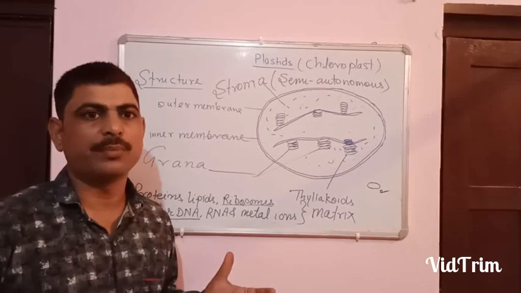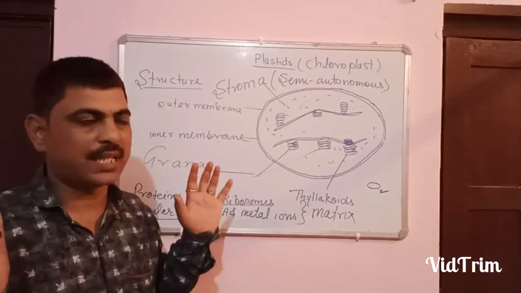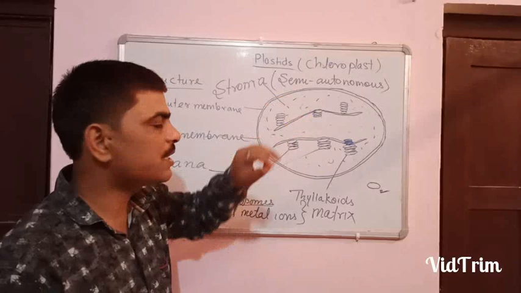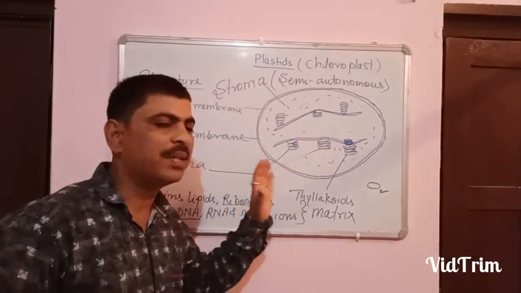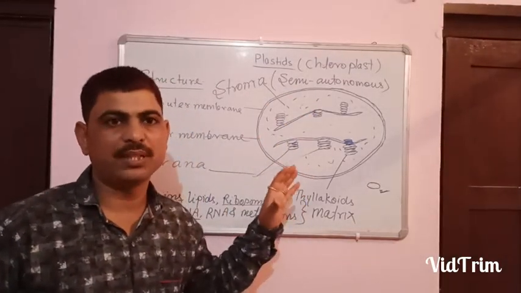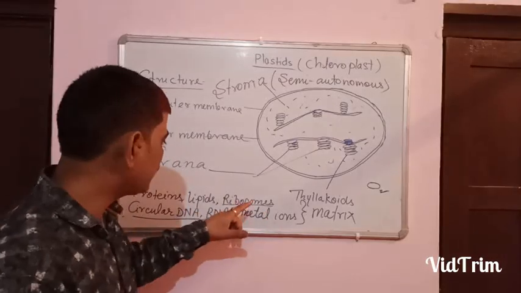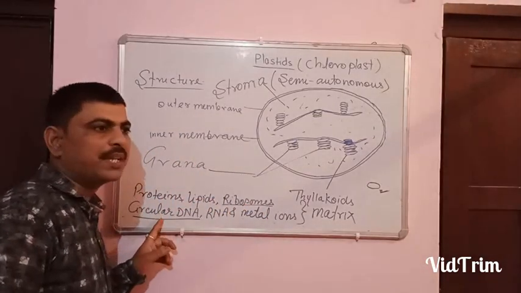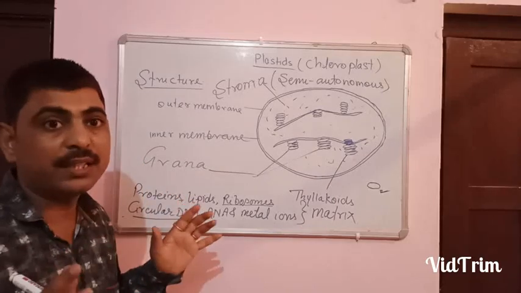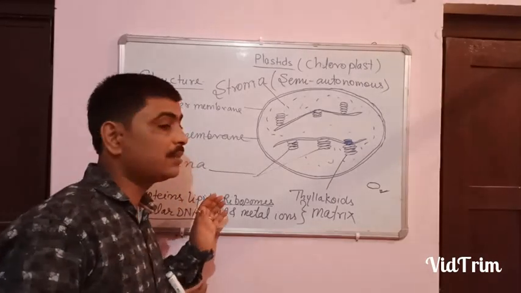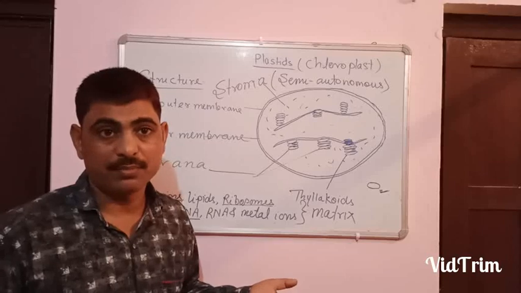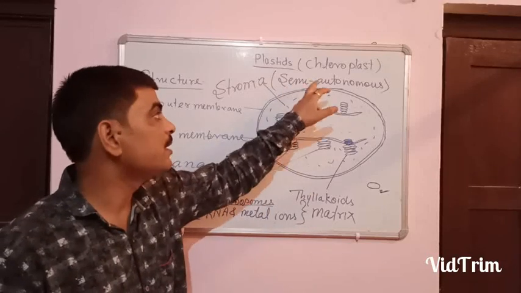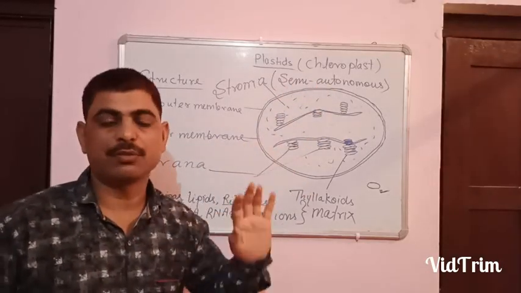But the word is semi because it requires material from the cytoplasm. It is able to synthesize its protein and make its own copy, but the materials required for these functions depend on the cytoplasm. That's why it is semi-autonomous, not completely autonomous.